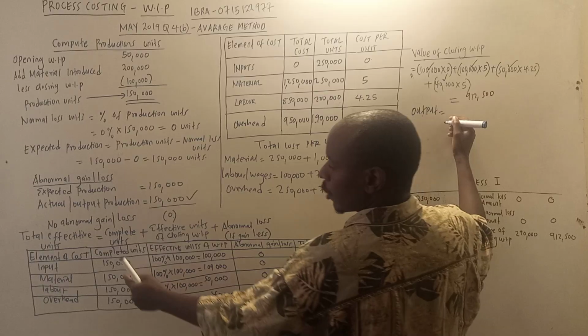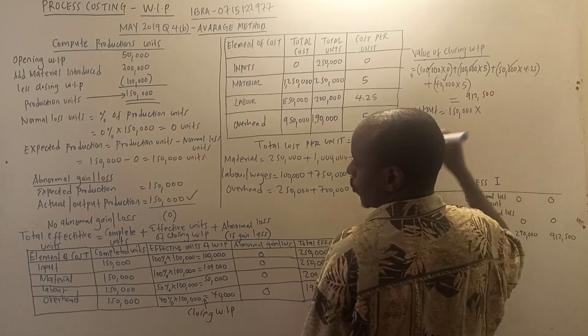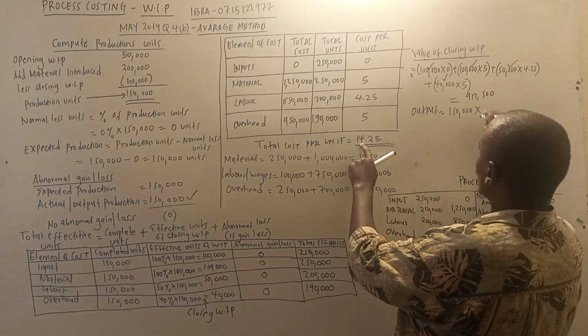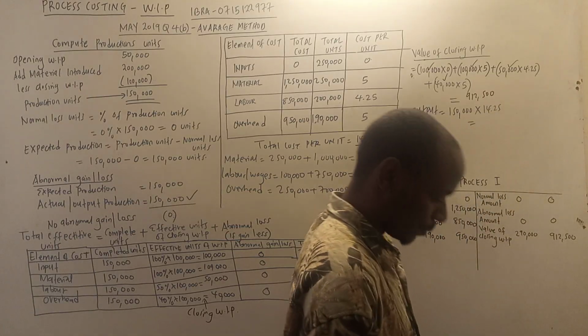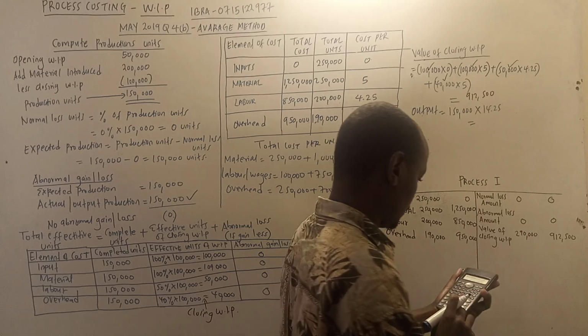Then you also need output. Now output, you take the computed units, which is 150,000. You multiply with total cost, which is 14.25. So 150,000 times 14.25.